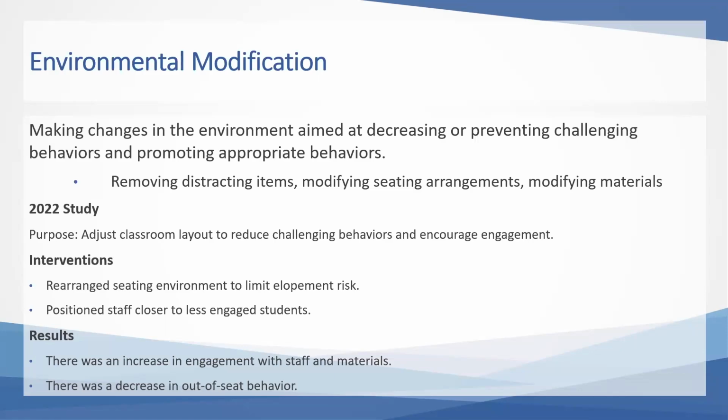As a result, they saw an increase in student engagement with both staff and learning materials, along with a decrease in out-of-seat behavior across the classrooms. So this is a great example of how making intentional, proactive changes to the environment can significantly impact behavior without needing to rely on reactive strategies. This is all preventive.